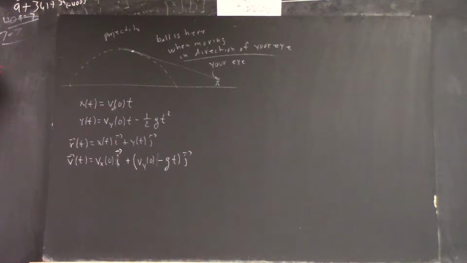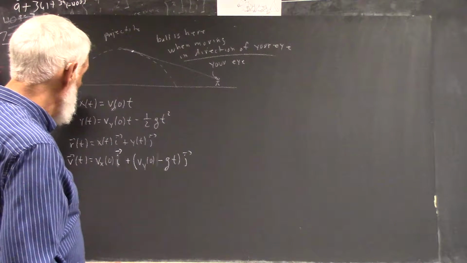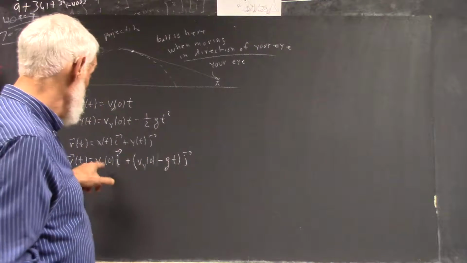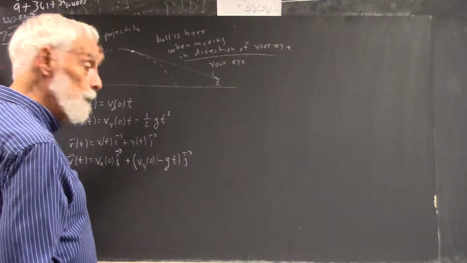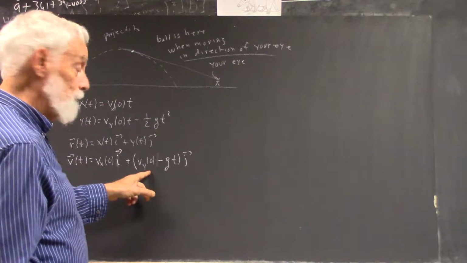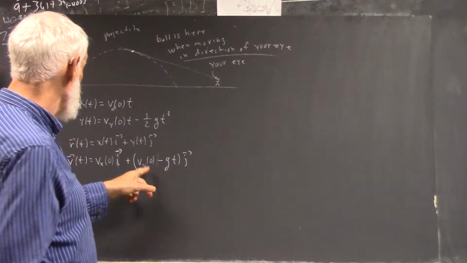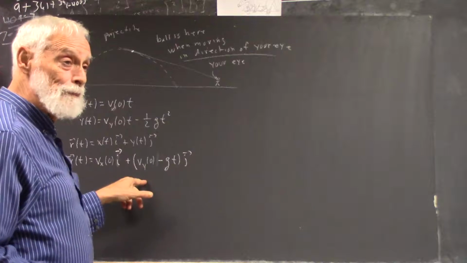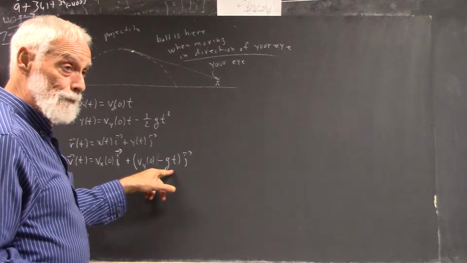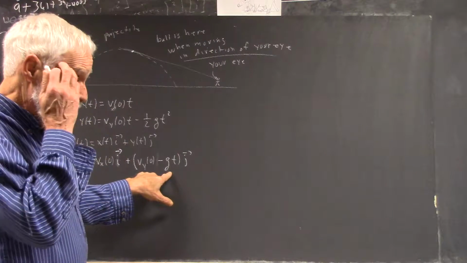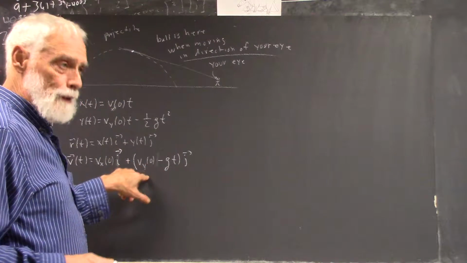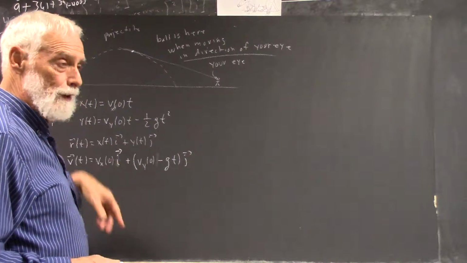And you confirm when you look at this that it's moving this way at a constant velocity toward you, but it's also moving up initially with some y velocity, which hopefully is positive, it's not going down into the ground, but slowing down until it reaches 0. You can solve this if you know what Vy of 0 and Vx of 0 are.